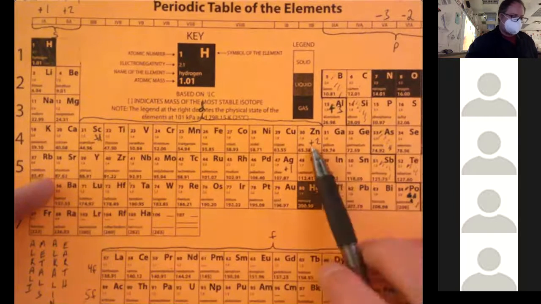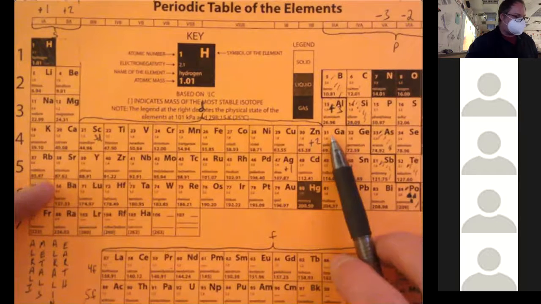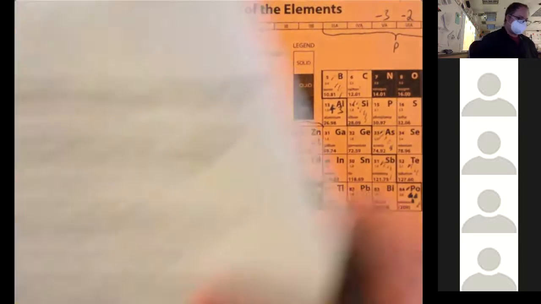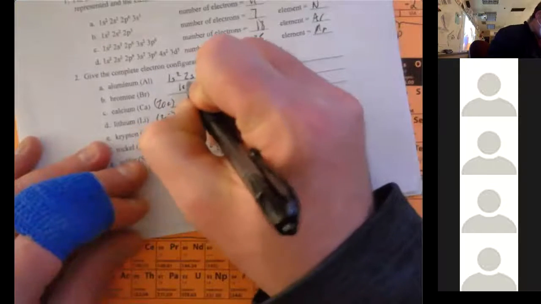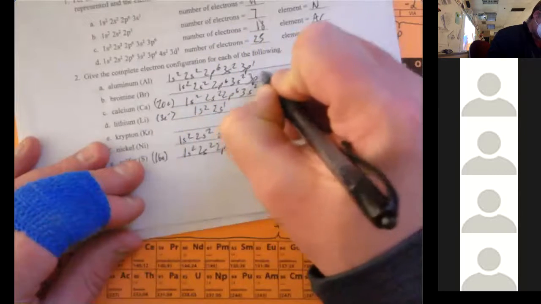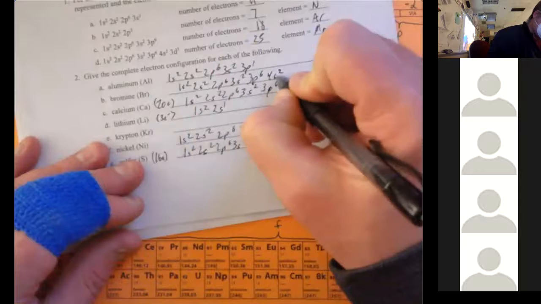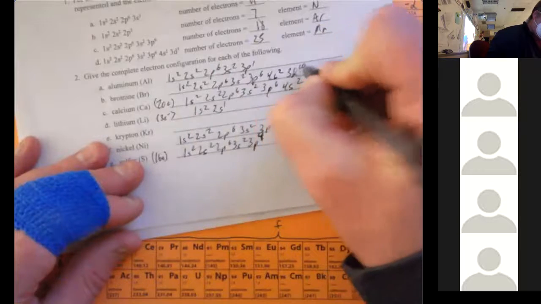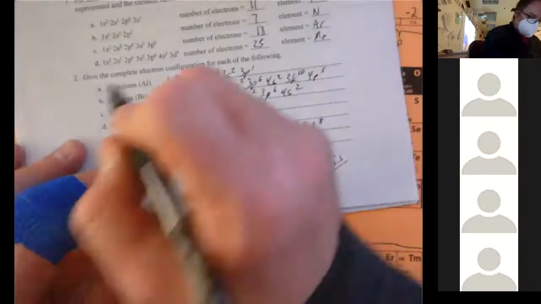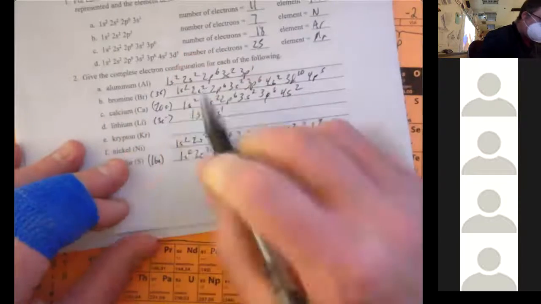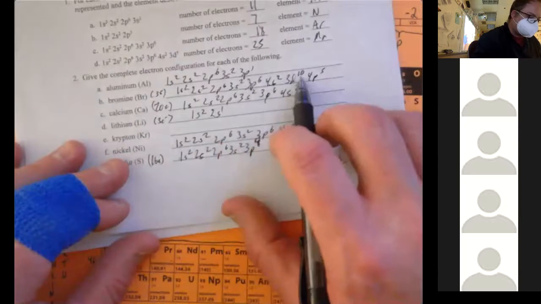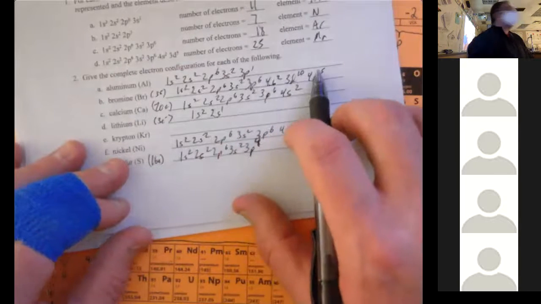Bromine goes back up to 4p5. 1s2, 2s2, 2p6, 3s2, 3p6, 4s2, 3d10, 4p5. And again, that is 35. We can count that. 2 plus 2 plus 6 is 10, plus 2 plus 6 plus 2 is 20, plus 10 is 30, plus 5, 35.